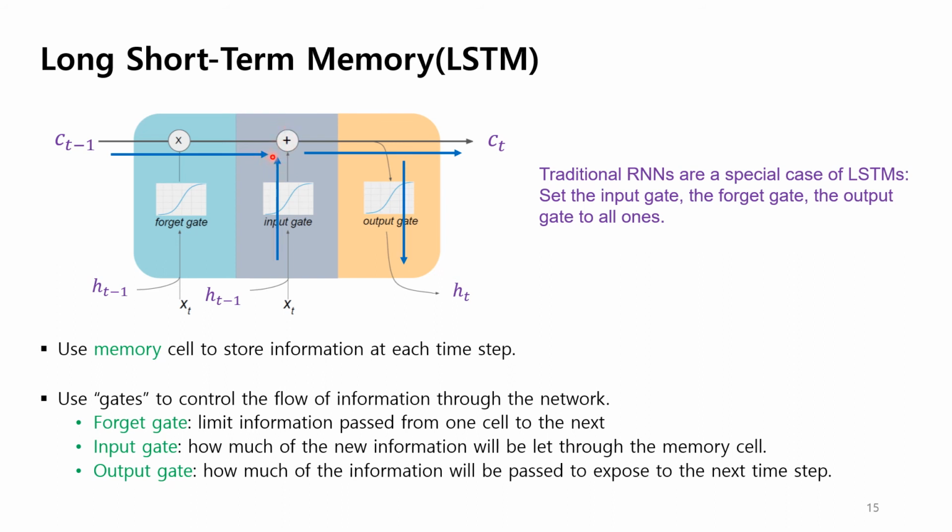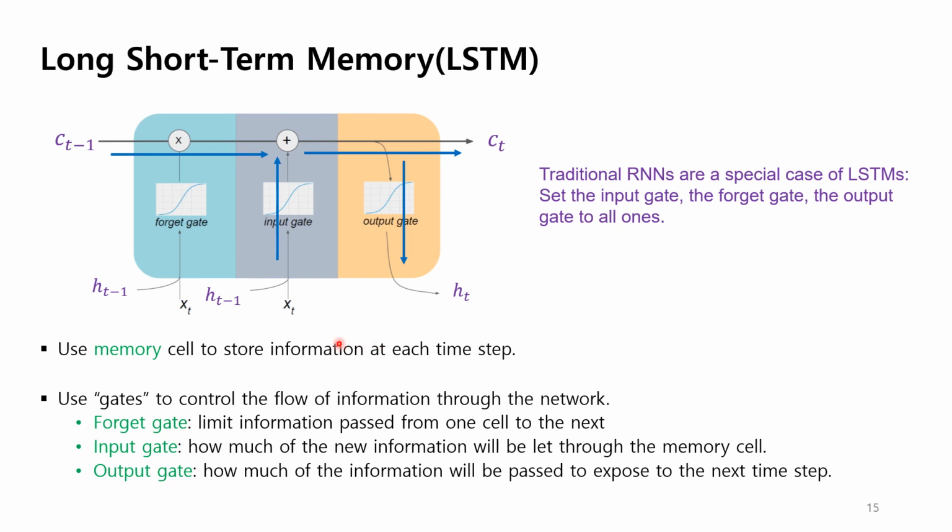The result of the addition becomes the next value of the memory cell. And also this result of the addition becomes the value of the next hidden state, the next hidden node. That's the higher level description of LSTM.